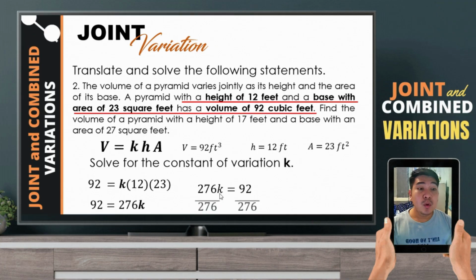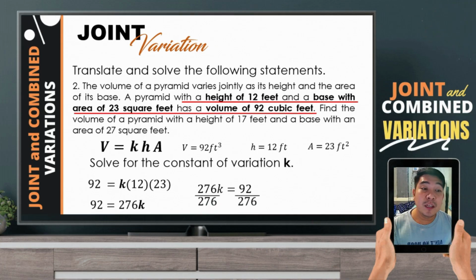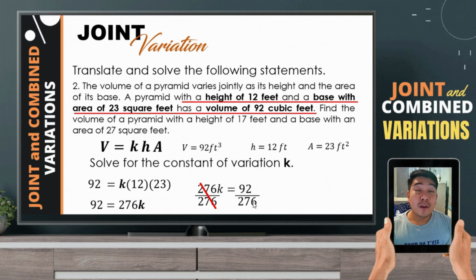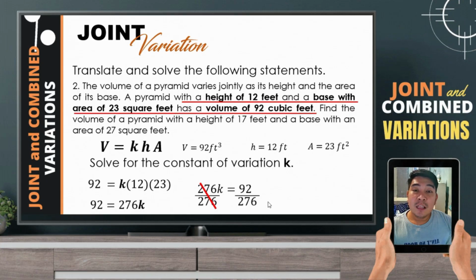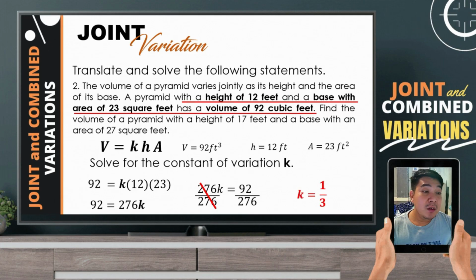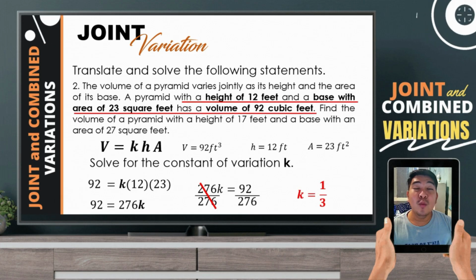The next thing that we should do is to divide both sides of the equation by 276. 276K divided by 276 will be K. How about 92 over 276? If we are going to get the lowest term, both numerator and denominator are divisible by 92. Simplifying, we have K is equal to 1/3. So we already now have the value of K.